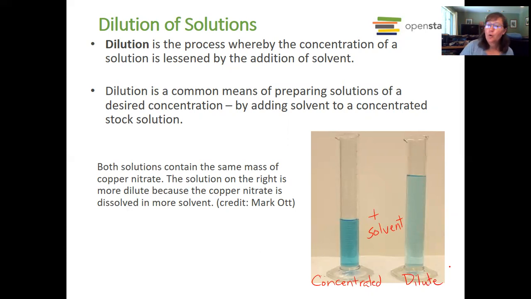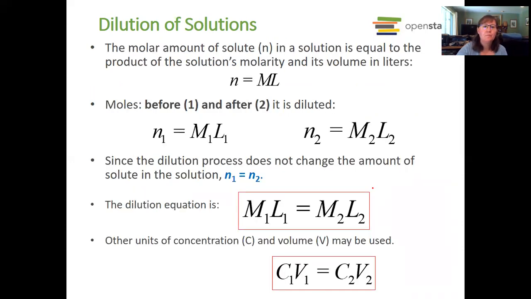And hopefully you are taking this in class and you're looking in the lab. If not, you're probably watching one of these labs, and if you have a solution with some kind of color to it, like copper nitrate, then you can actually see that it gets less concentrated just visually.